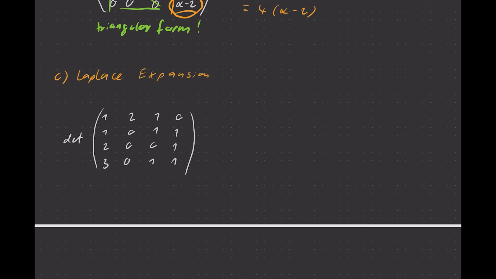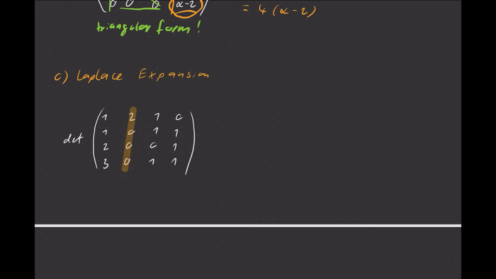And if you have some experience in Laplacian expansion, then of course you'll immediately spot that this is ideally suited for Laplacian expansion. Because have a look at that second column here. What you can see here is there's 1 non-zero entry and 3 zeros.